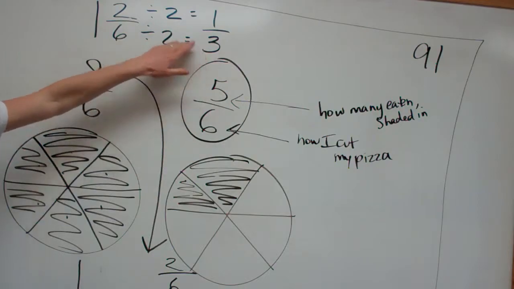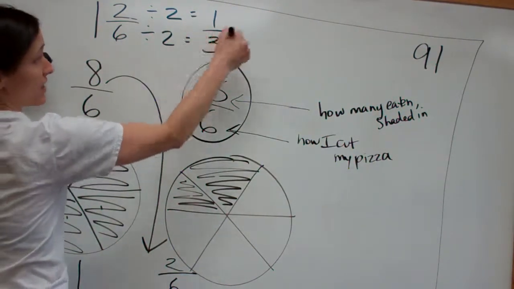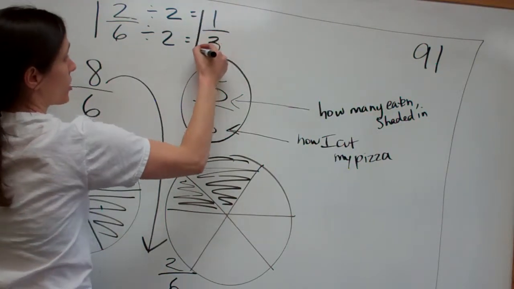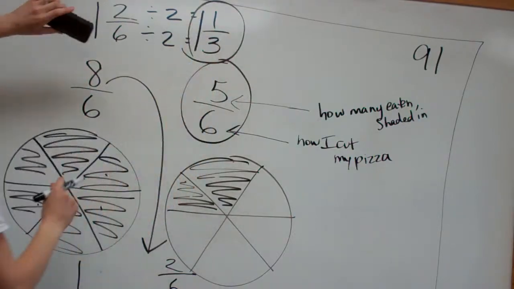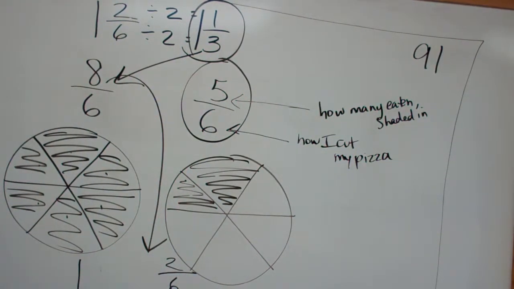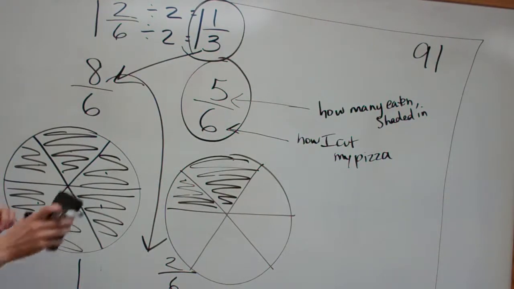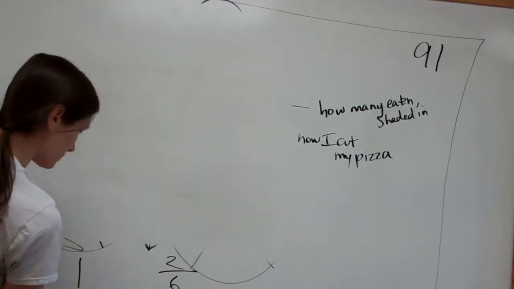Oh, no, not 1/3, because the 1 is still here. A lot of people say this is their answer and it's not right because you left out the 1 right here. So my final answer is 1 and 1/3. That is the same as 8/6. Does everybody understand how we did that? I'm going to let Sarah Kate, she wanted to do one, so come on up here.